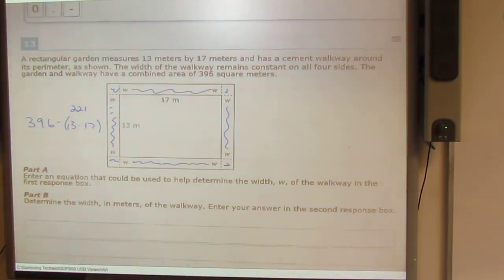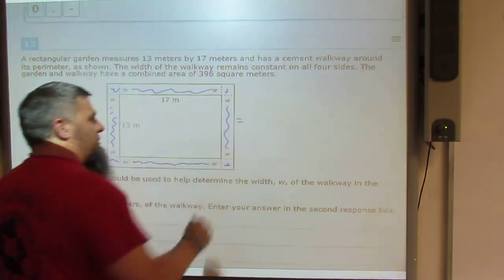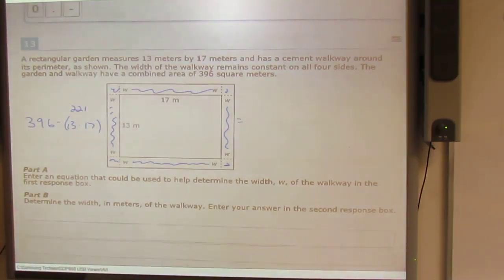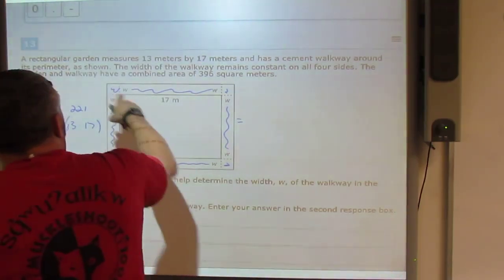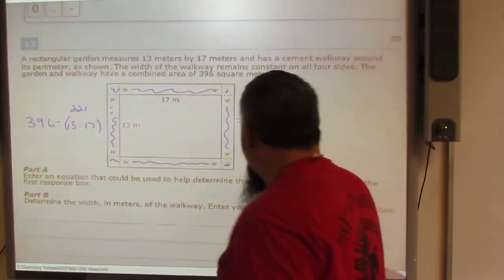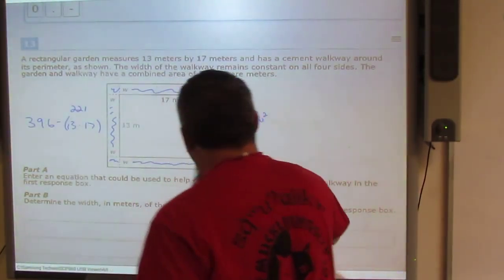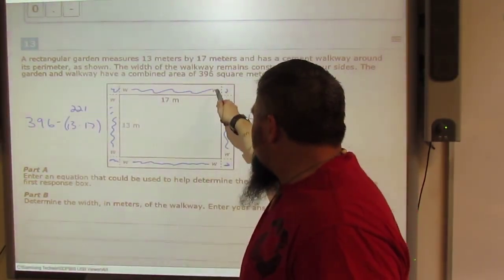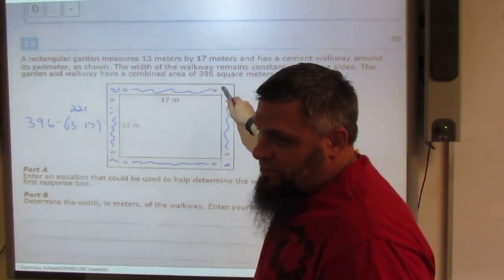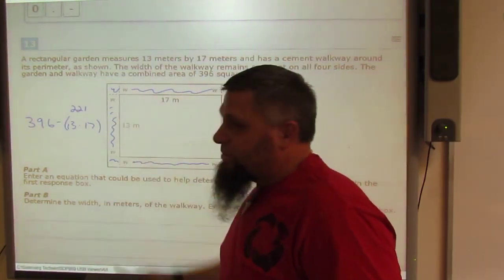Well, how can we find out the area of W? Wouldn't that equal these 4 W squares, because length times width, W times W, W squared, W squared, W squared, W squared.